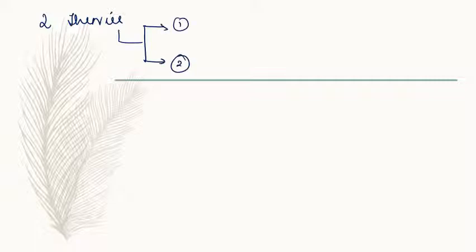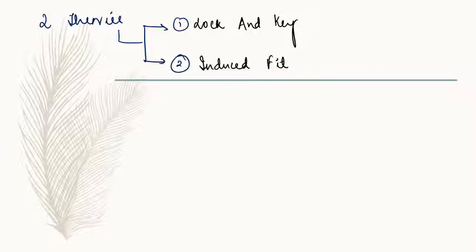Next, we have seen two theories given. What are the two theories? The two theories we have seen are the lock and key theory and the induced fit theory, right?